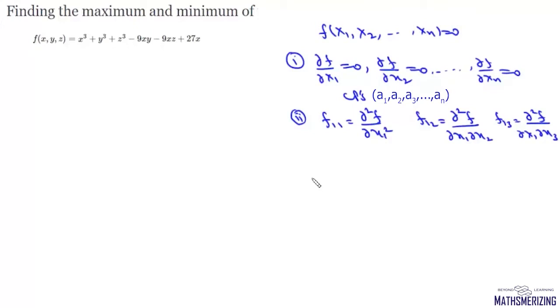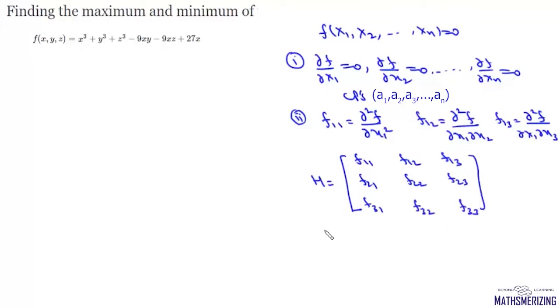We'll define this Hessian matrix as f11 f12 f13, f21 f22 f23, and f31 f32 and f33, and then we'll find the determinant for this matrix.